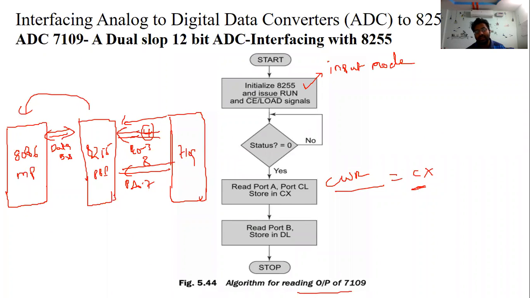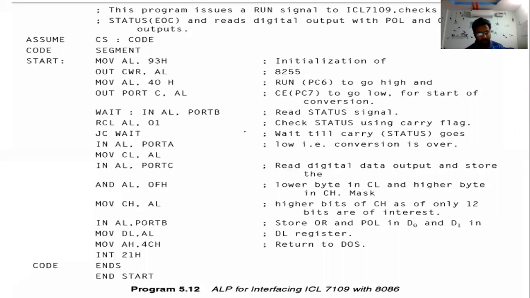In the problem they can give it as CX, otherwise you can consider any BX register. Then read the data from port B and store it in the DL register. So this is the small algorithm. According to that, they write the program first.